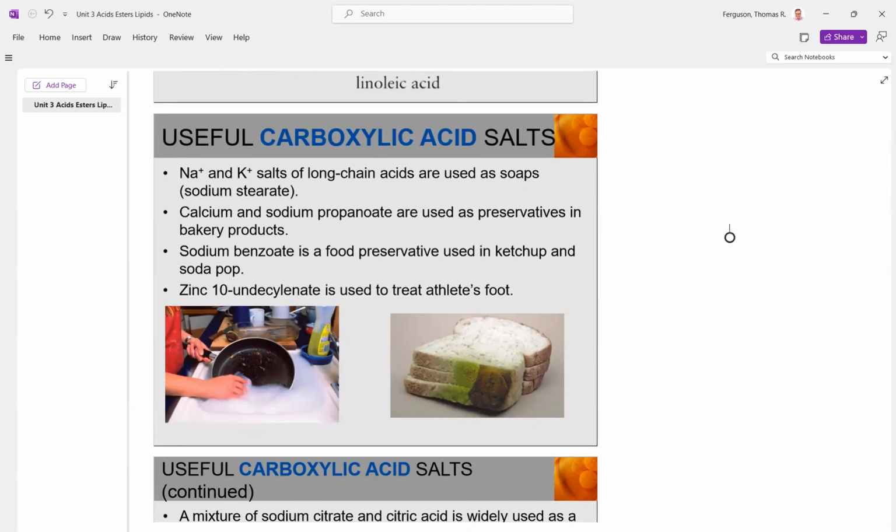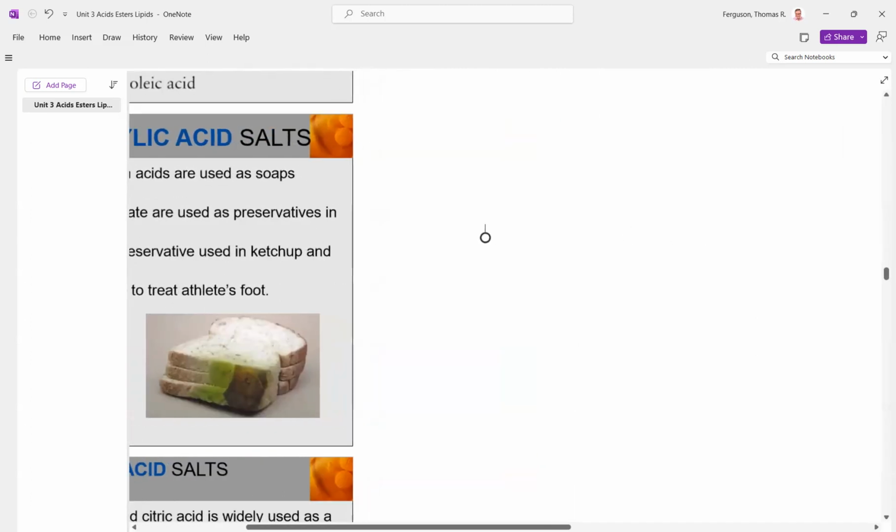And because the salt is even more polar than the bare acid, this is the deal with a soap. There's 18 of those.